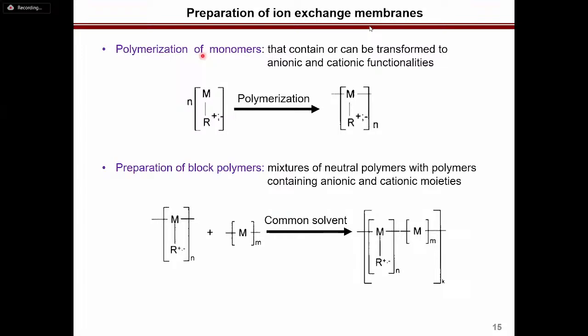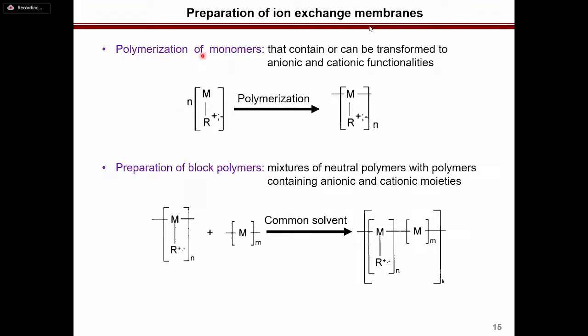So the first one is polymerization of monomers. You have a certain monomer. I told you previously that we have a backbone and we also have a functional group. So if you have a base material which contains both the functional group and the backbone, then in a certain way you can polymerize it and form a very thin film, or you can form a certain structural material.